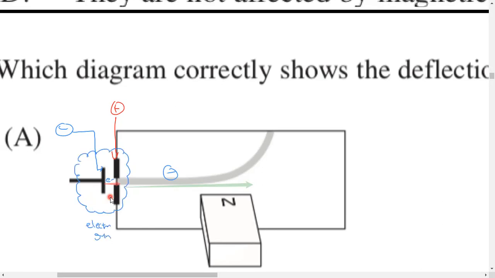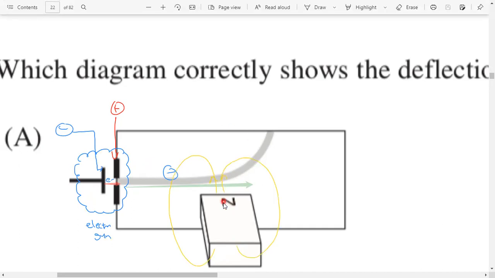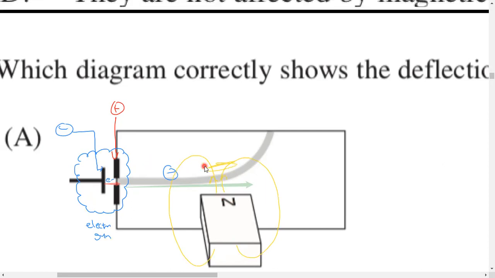The key important point you need to get from here is that the electron is pointing outward. Now this magnet is pointing like this. You understand the magnetic field is going like this, but as far as the electron is concerned, it's going into the page. So take a look and see what happens.